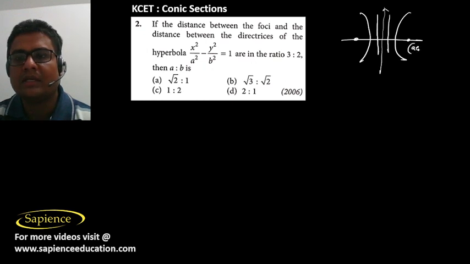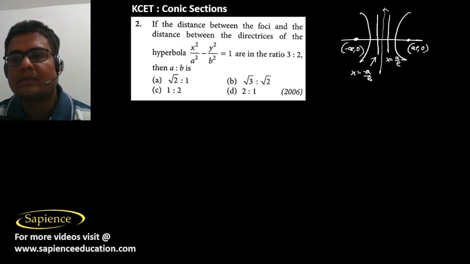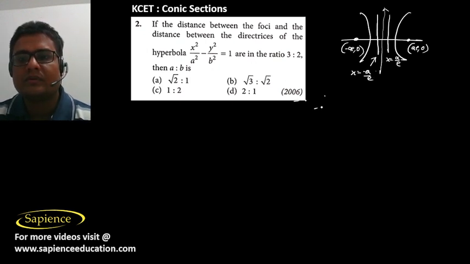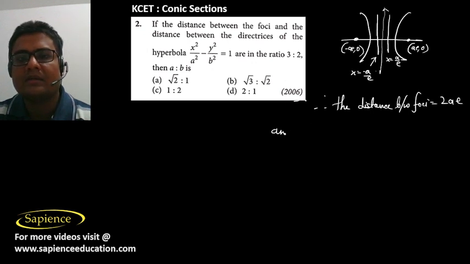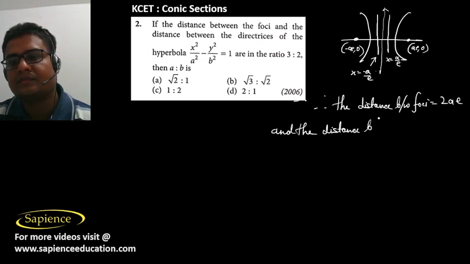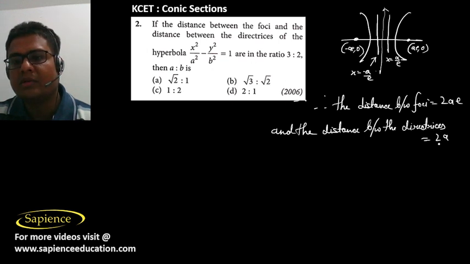The foci are (AE, 0) and (minus AE, 0), and the directrices are x equal to A by E and x equal to minus A by E. So the distance between the foci will be equal to 2AE, and the distance between the directrices of the hyperbola will be equal to 2A by E.